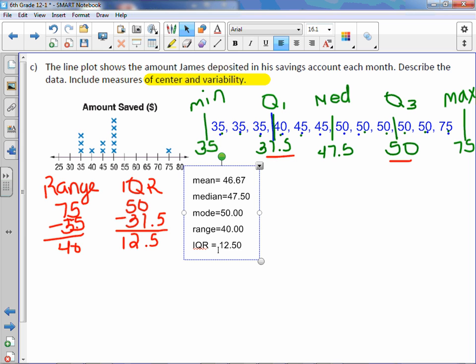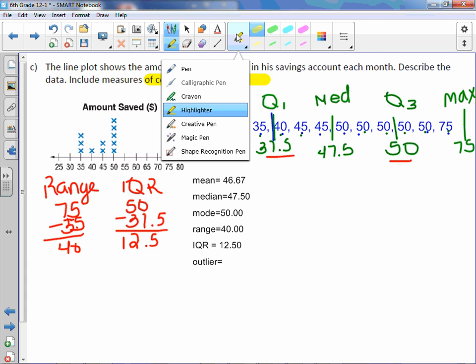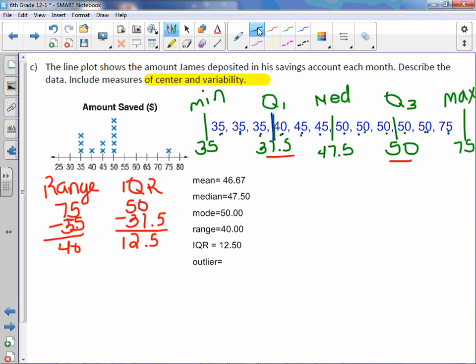And we're going to also find the outlier. To find the outlier, we need our IQR. We're going to take that IQR and multiply it by 1.5. So 12.5 times 1.5 is 18.75.